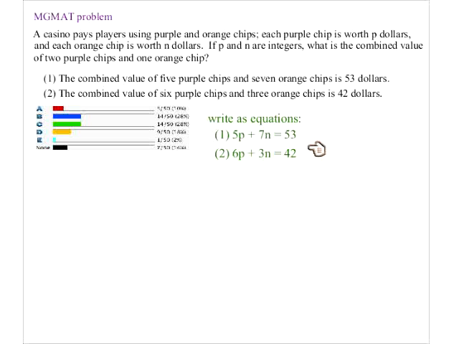All right, let's talk about statement 2 first. Statement 2 you can do with algebra. The question is asking us what is the combination of 2p plus n. So notice this is a combination. If you take our class, you'll see this, so I'll give you a very short version of it.